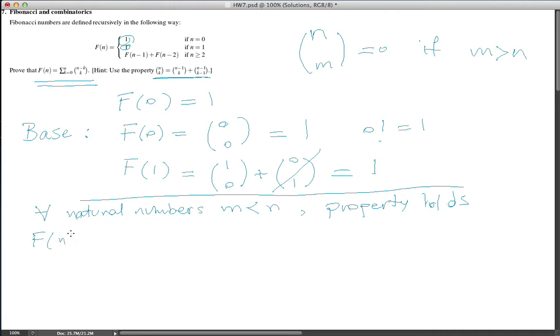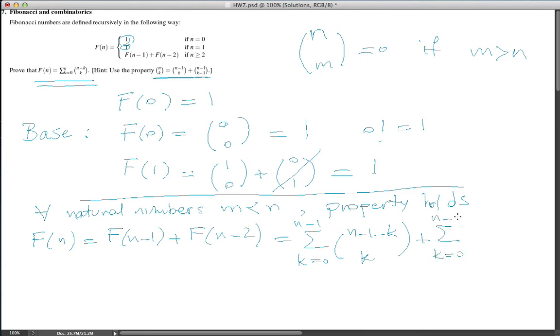For f of n, we know that it is f of n minus 1 plus f of n minus 2, and by the assumption of induction, I can write f of n minus 1 as the summation from 0 to n minus 1 of n minus 1 minus k choose k, plus for f of n minus 2, I can write again by assumption of induction the summation from 0 to n minus 2 of n minus 2 minus k choose k.